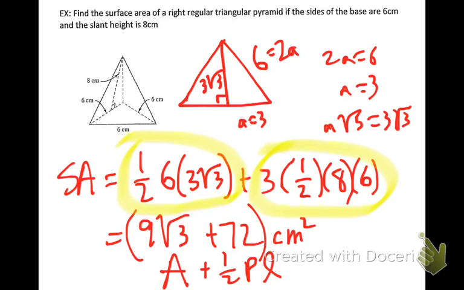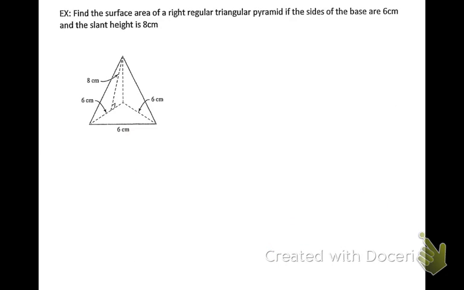You just combine the 3 bases into the perimeter. It's 1/2 PL. Alright, so that's our formula of the pyramid. Surface area equals A plus 1/2 PL.